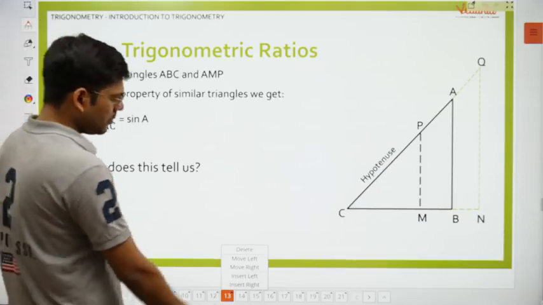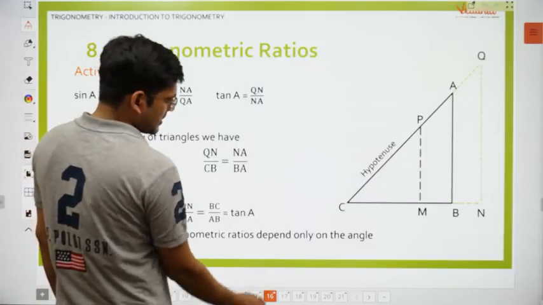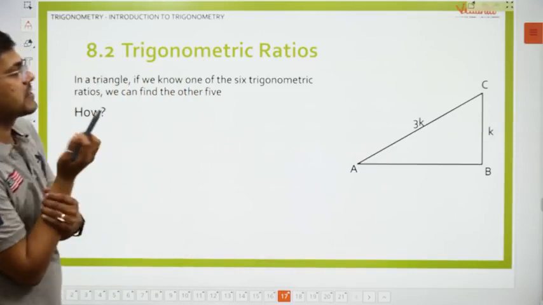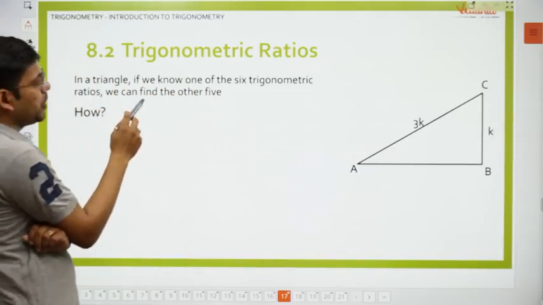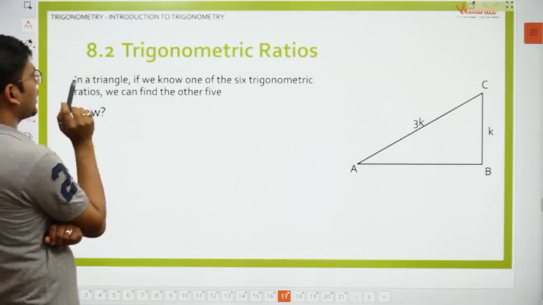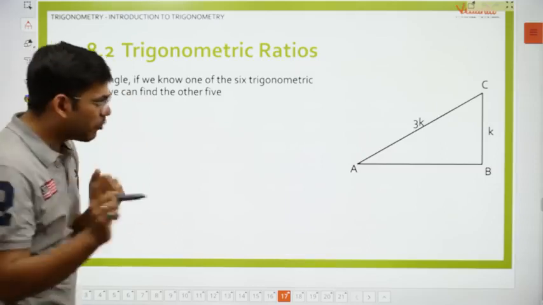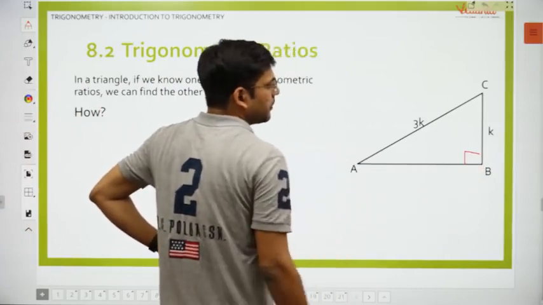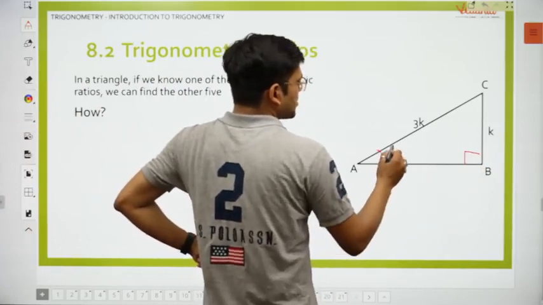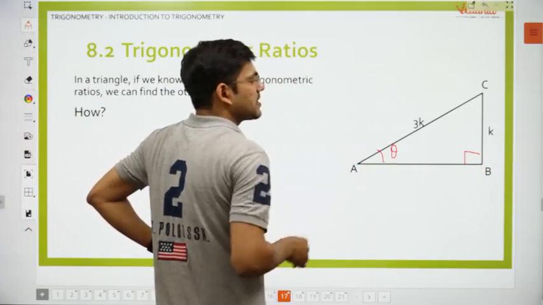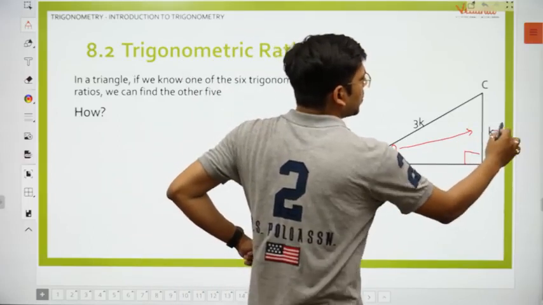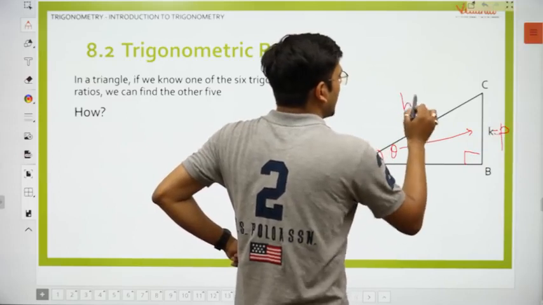Now, what does all this tell us? Now, we will do some examples. Say for example, in a triangle, if we know one of the 6 trigonometric ratios, we can find the other 5. What I mean to say, see guys, in this example, we have a 90 degree angle here. If I am considering this angle, I have assumed this as theta, then this will become our perpendicular. This will be hypotenuse.